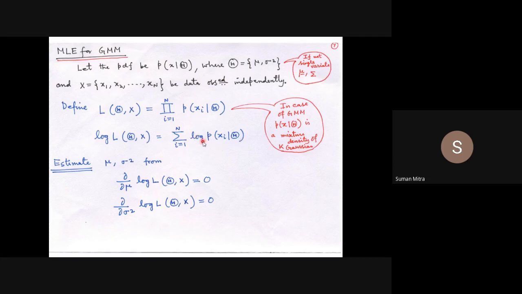Now you take the log, what will happen? What is this p of xi given theta?